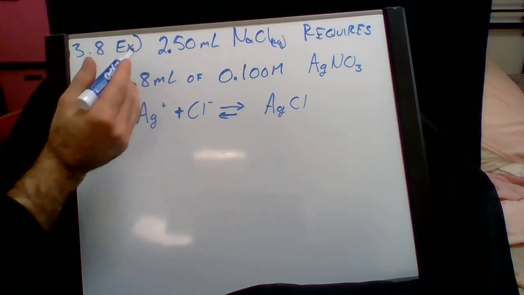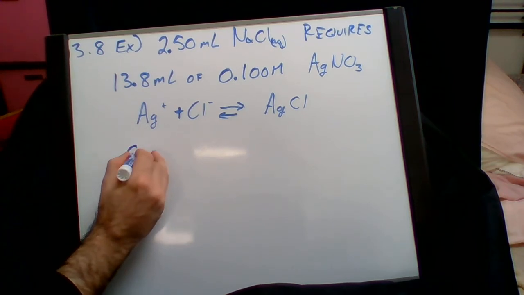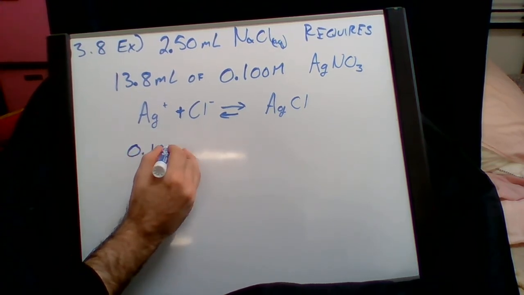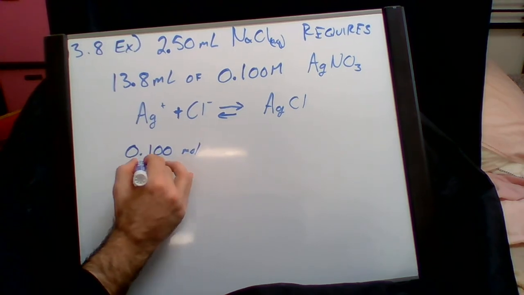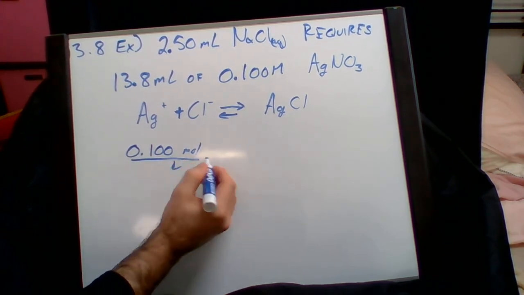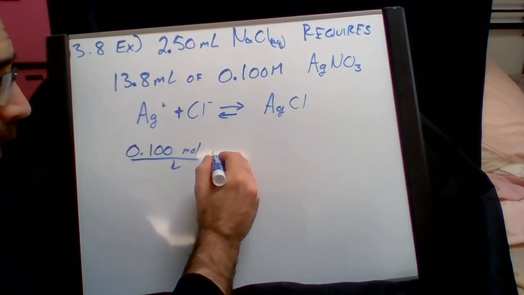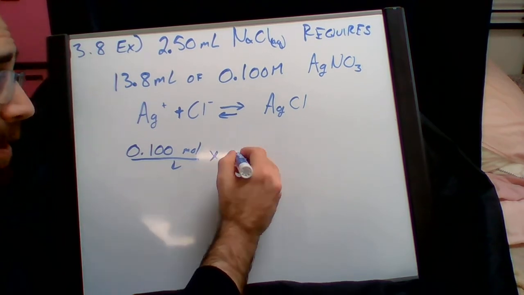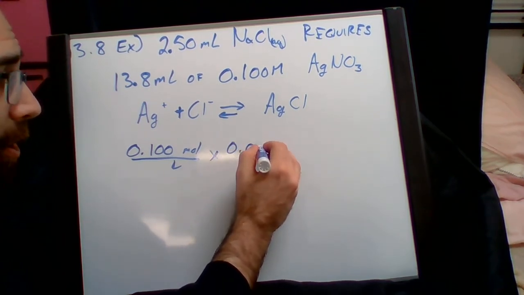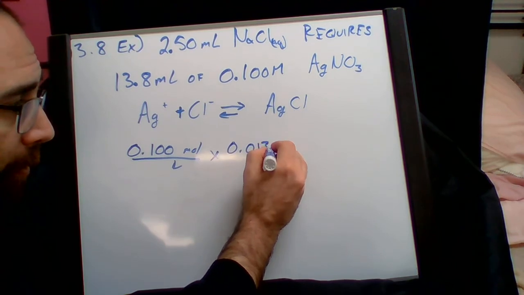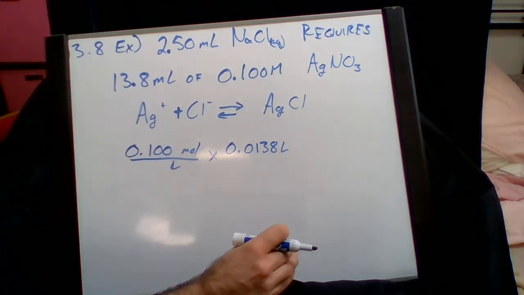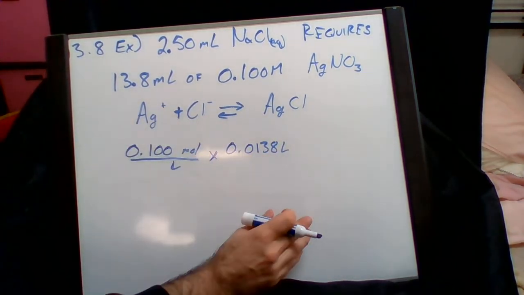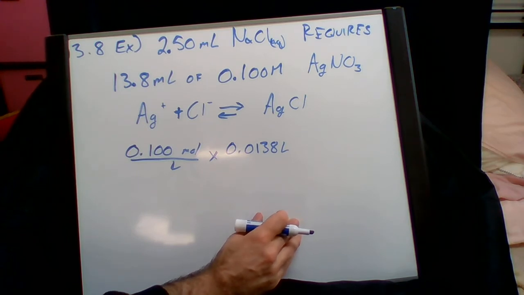Now, what we're going to do here is take that 0.100 moles per liter of that silver nitrate and multiply that by the 0.0138 liters. You can just do that by yourselves.